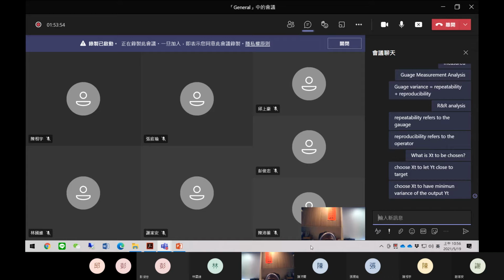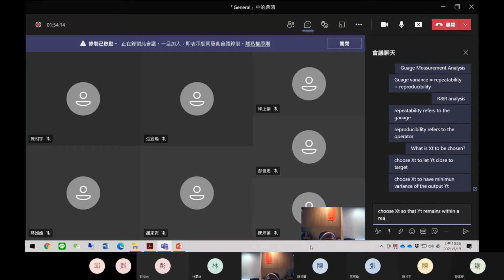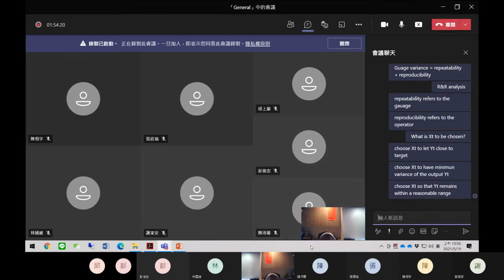It could be, or we like to choose X_t so that the Y_t remains within a reasonable range. Yeah, it could be, right?